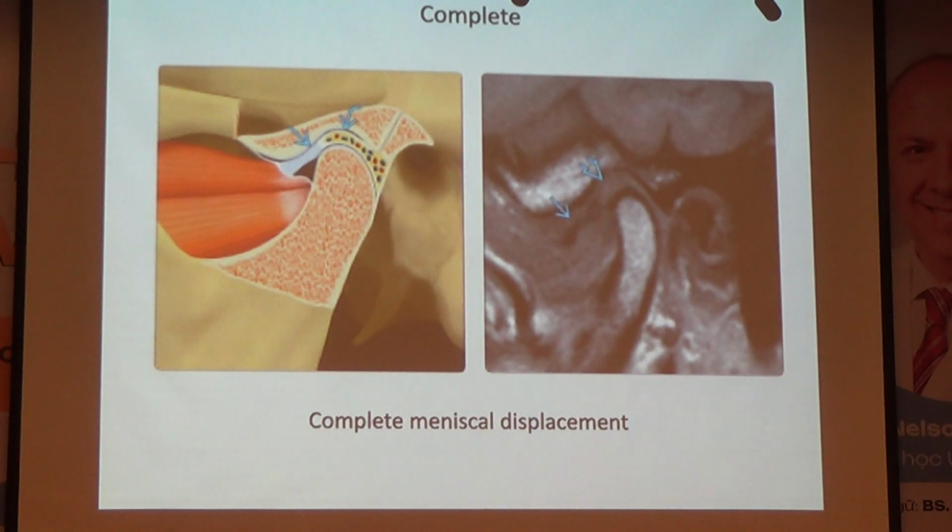And the complete disc dislocation, like you can see here: the disc is already super forward and bent. In certain situations like this, the patient is not capable of opening the mouth, and we have what we call a closed lock joint.